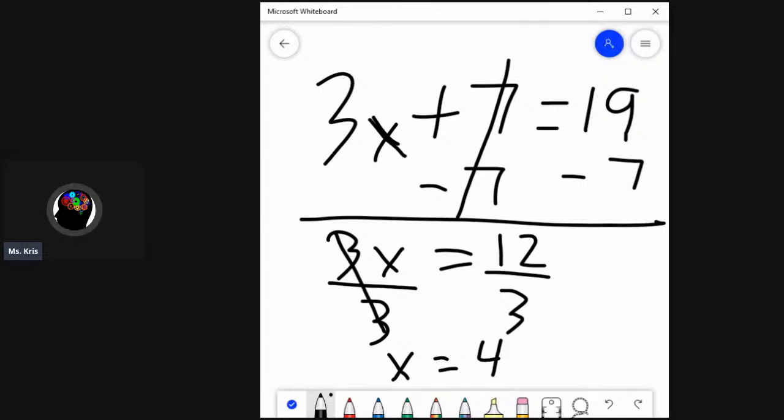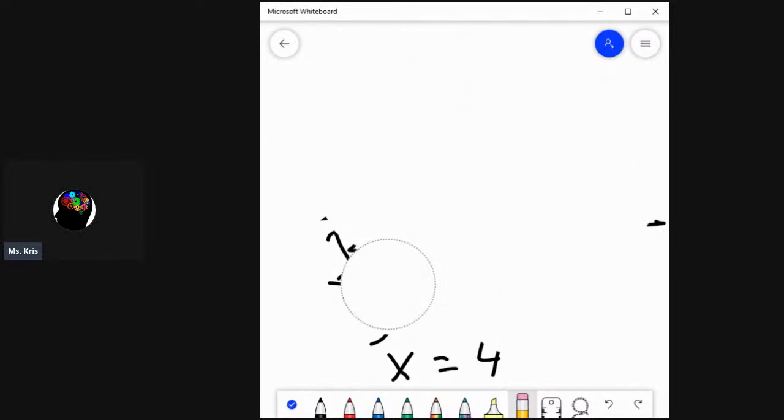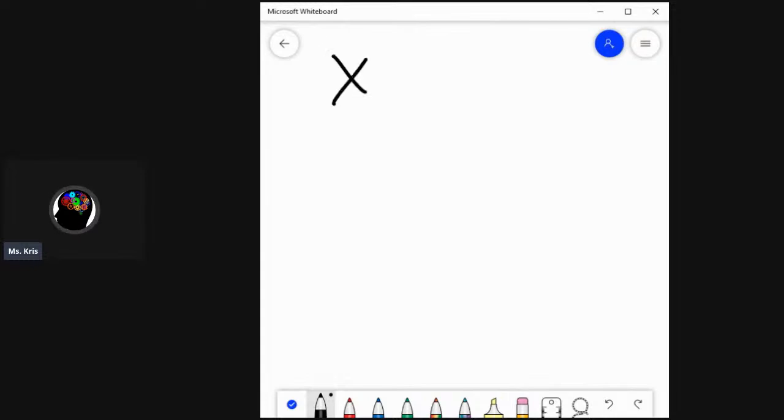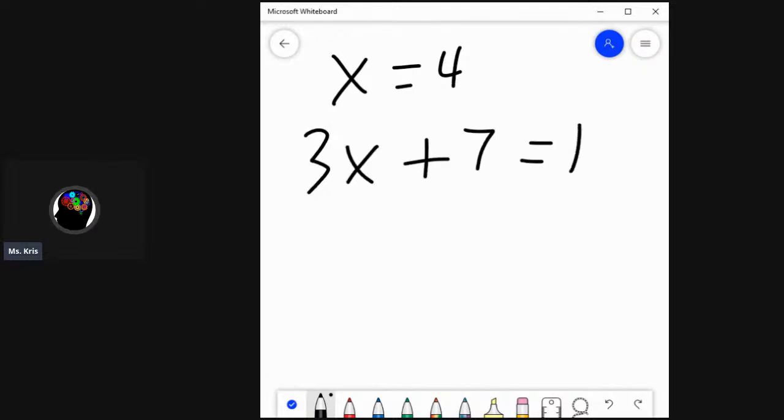And of course, you can check your answer by doing this. We know that x equals 4, and our equation was 3x plus 7 equals 19. So x equals 4. Therefore, I can change x into 4.